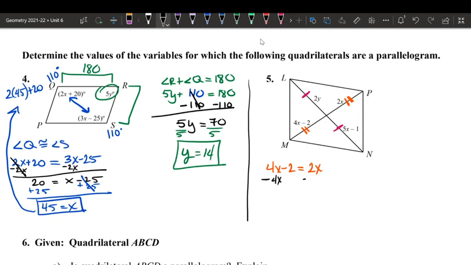So if I subtract 4x, then I get negative 2 equals negative 2x. And I want x by itself, so I divide by -2. -2 divided by -2 is 1, so x equals 1.